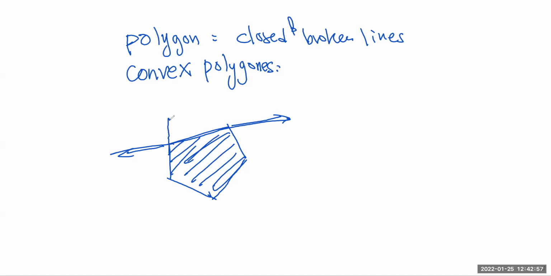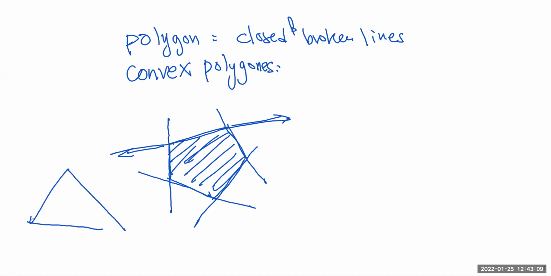Or you extend this one, it's not going inside, and this one is not inside, this one is not inside. So that's called convex. A triangle is a perfect example of convex polygon, because the sides, when you extend them, will never touch the interior, will never cross it.